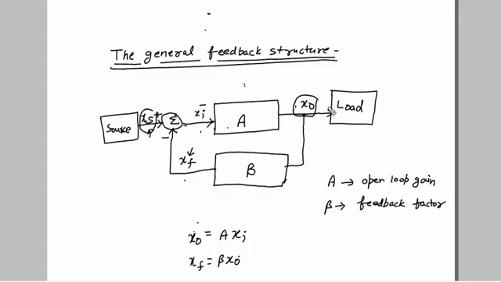This x naught by xi is the gain of the amplifier, but x naught by xs will be the gain of the entire feedback amplifier. Let's call it AF, meaning gain with feedback. A is the open loop gain of the amplifier. AF is the gain with feedback, or the gain of the feedback amplifier.